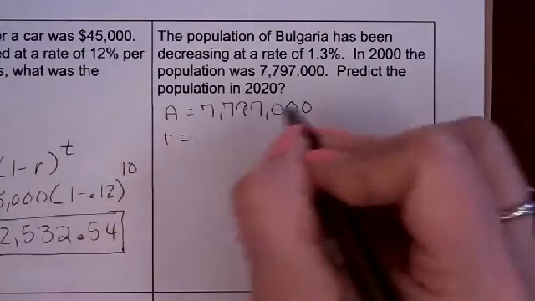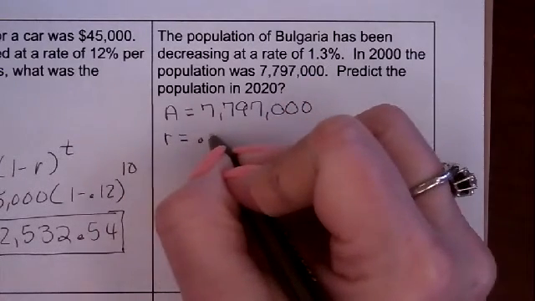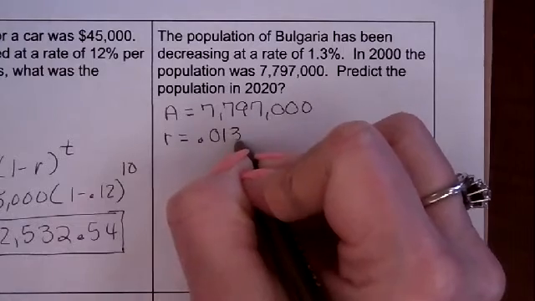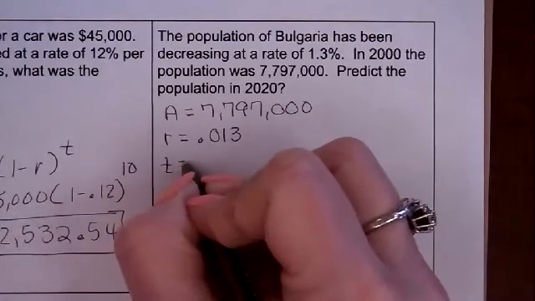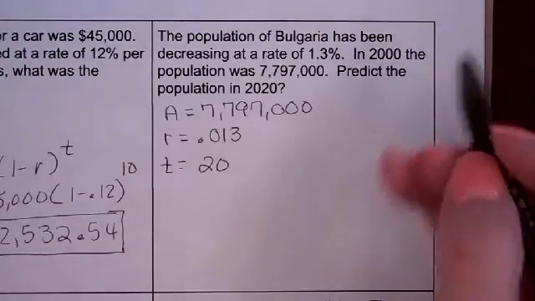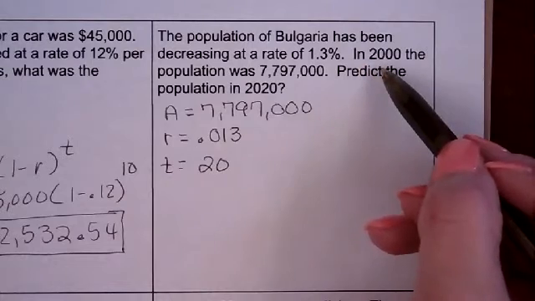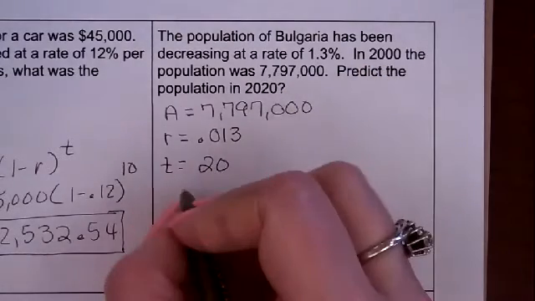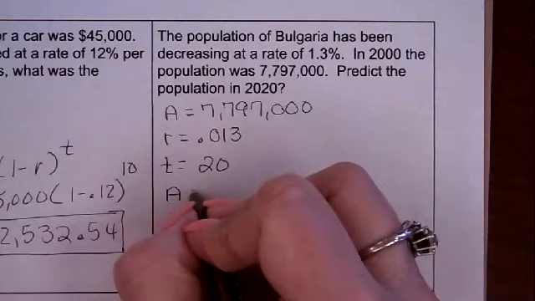Our R is 1.3%. If you move that decimal 2 places, it's 0.013. And my T is going to be 20 because we're talking years 2000 to year 2020. So 20 years later.